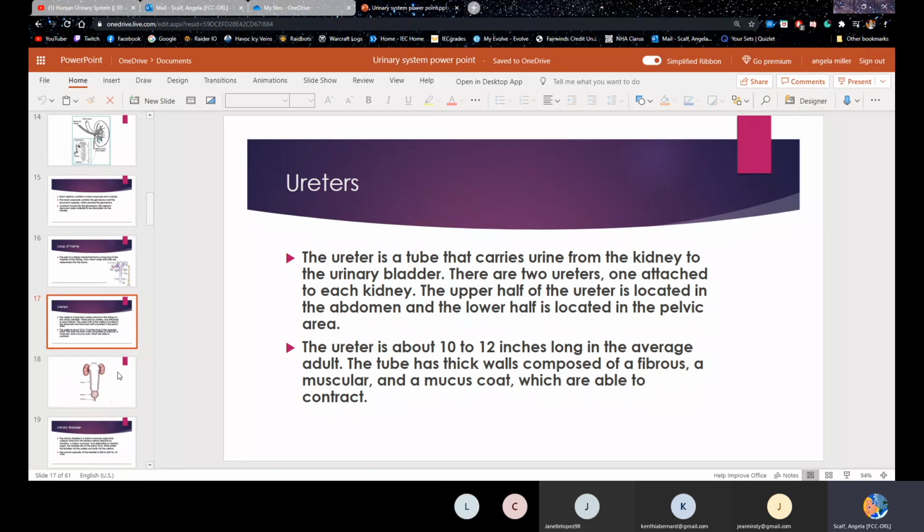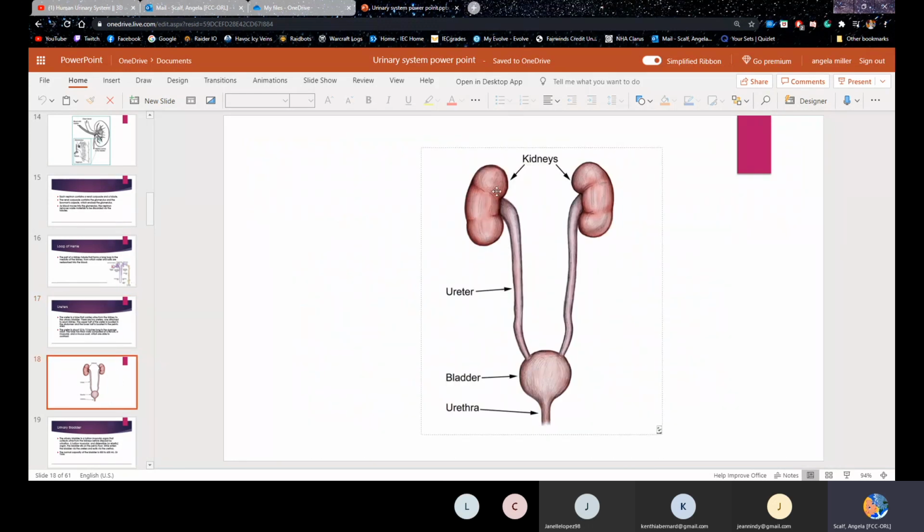Now, the kidneys, so we know their job, it's a big filtration system, taking dirty blood and waste and excess of water, turning it to urine and sending it out, right? But how's it going to leave out of there?